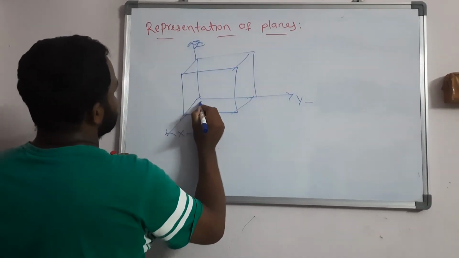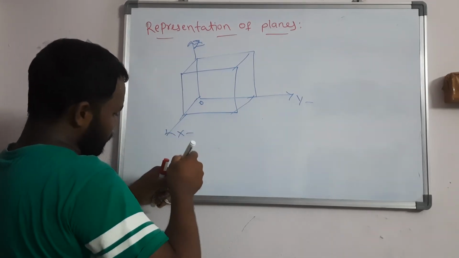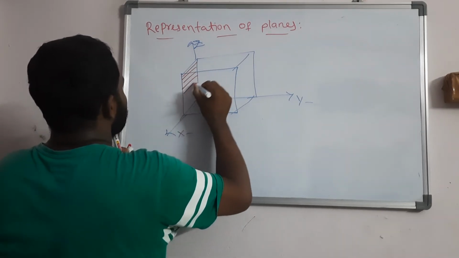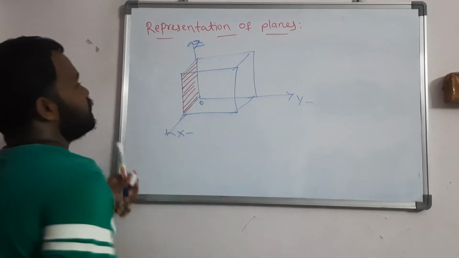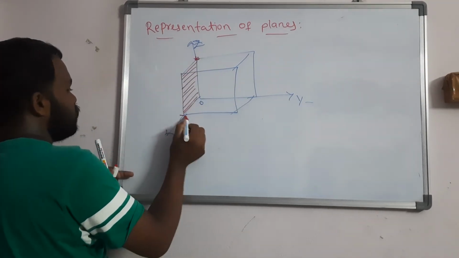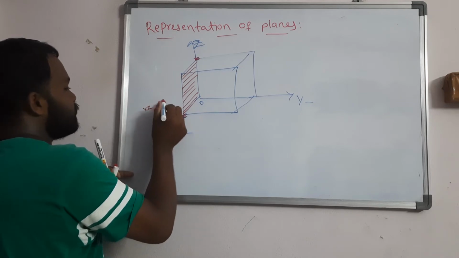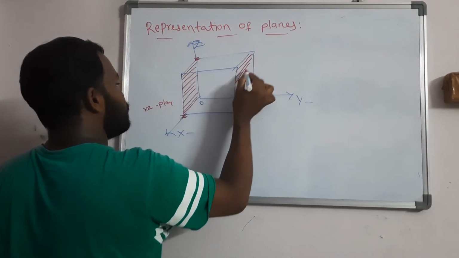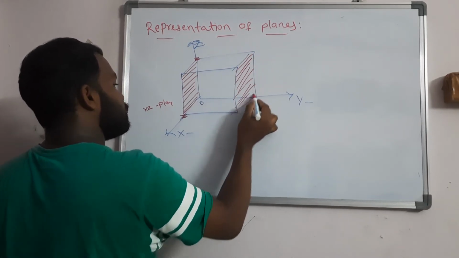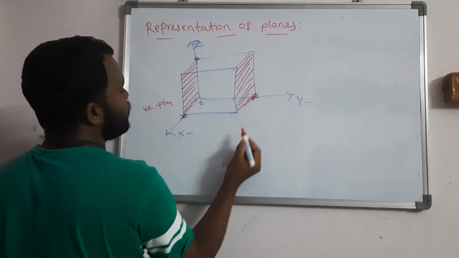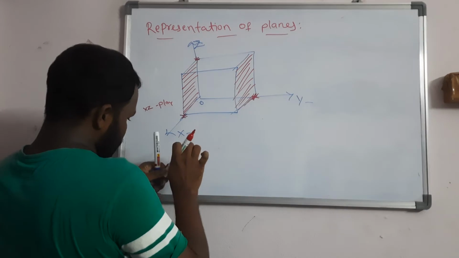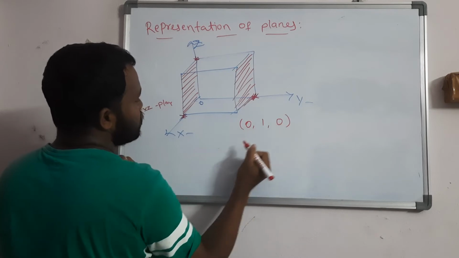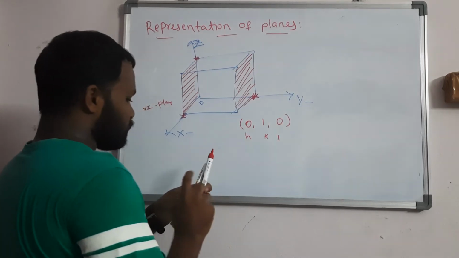Now I am going to take a plane. This plane is touching the XZ plane. This is called the XZ plane. Or the same plane if you take from here to here, both are same, right? This plane touches the y-axis. Hence, I told you whenever it touches a single axis, you should write 0, and whenever the y-axis is touched, 0, 1, 0. This is HKL, right?